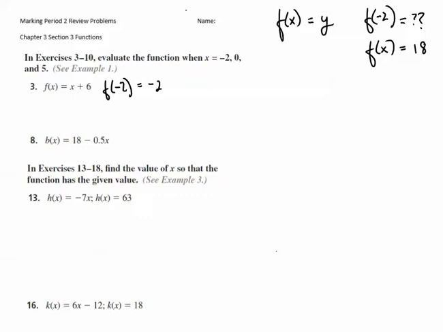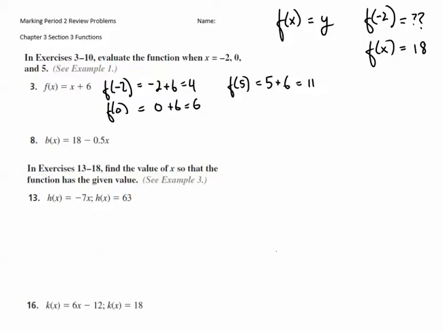So f of -2 means -2 plus 6, which is 4. f of 0 means 0 plus 6, and that's equal to 6. And f of 5 means 5 plus 6, and that is equal to 11.